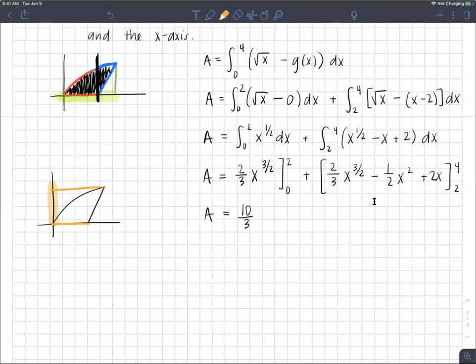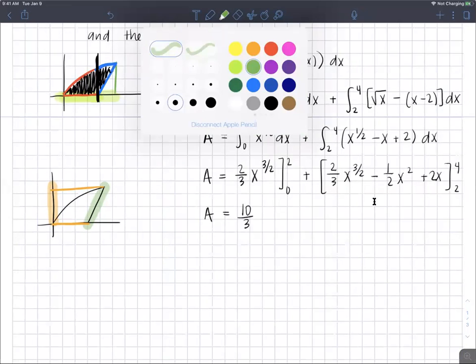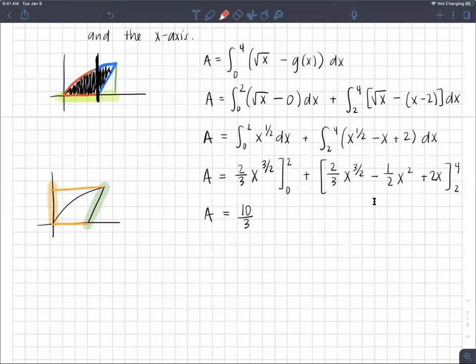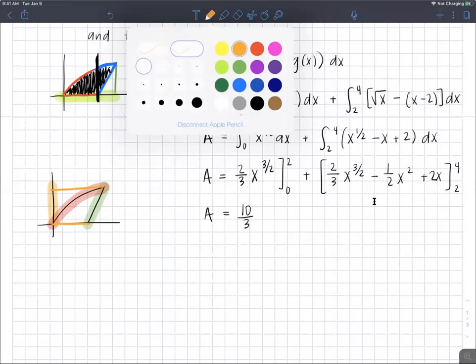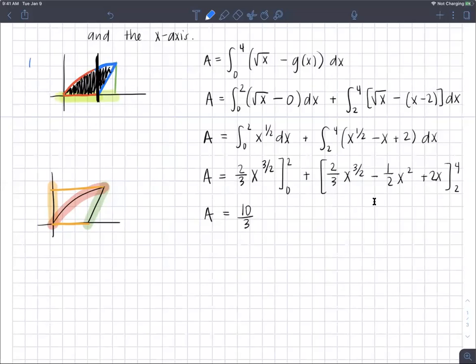And so in this case, my top function would be this line, while the bottom function would be the square root of x, right? When you're integrating with respect to x, it's top to bottom. When you're doing it with respect to y, it's right to left.